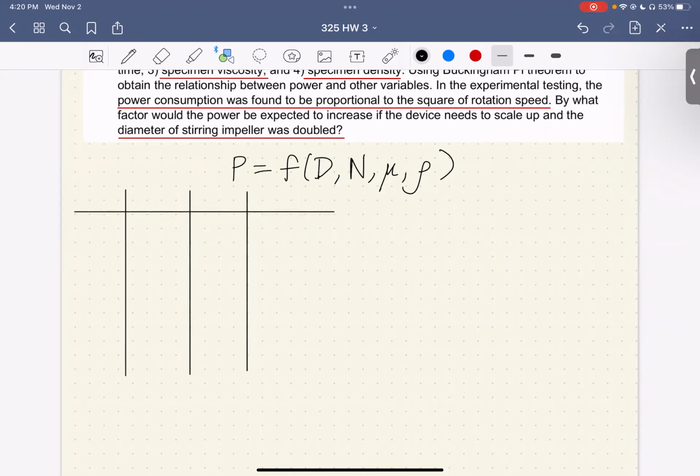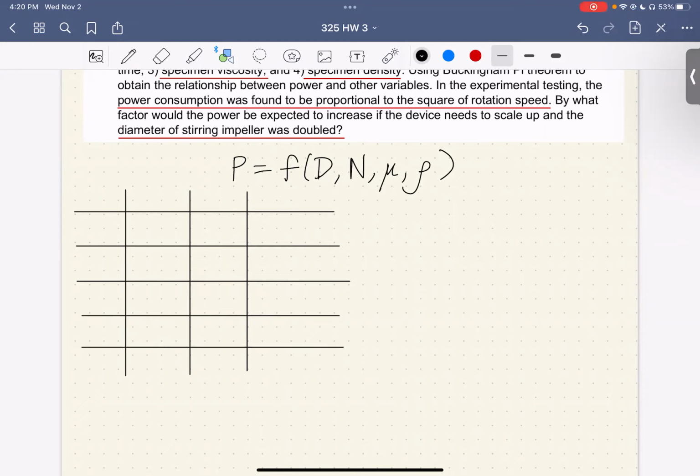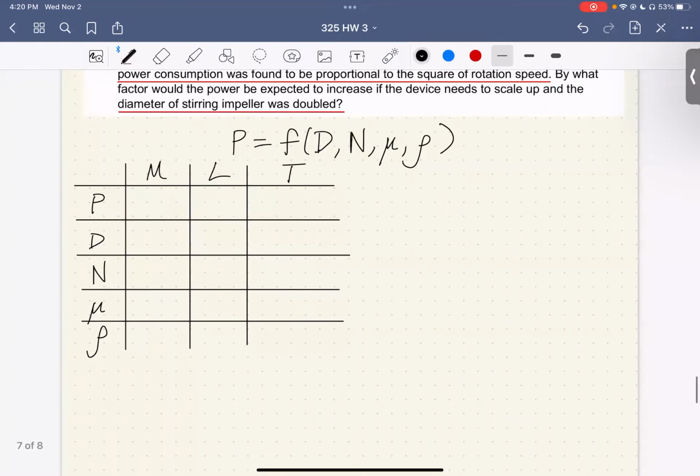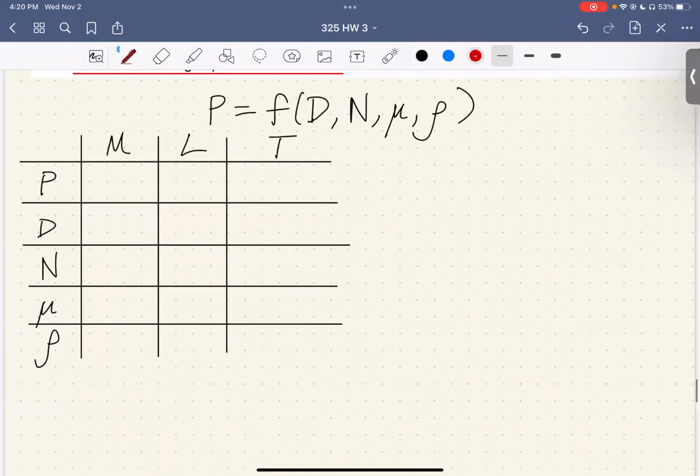And it looks like we have 1, 2, 3, 4, 5 variables. M, L, and T. Now we have power, diameter, number of rotations, mu, and rho. And so same as the last one, please try to fill this out, pause the video, and when you're done, unpause it and let's check.